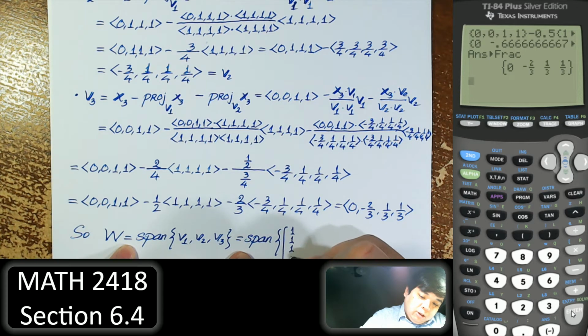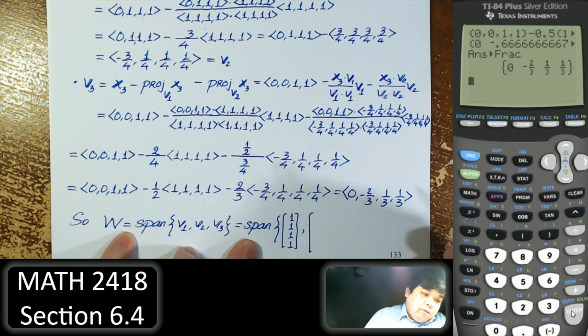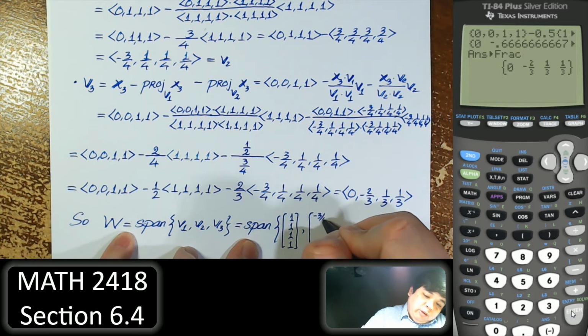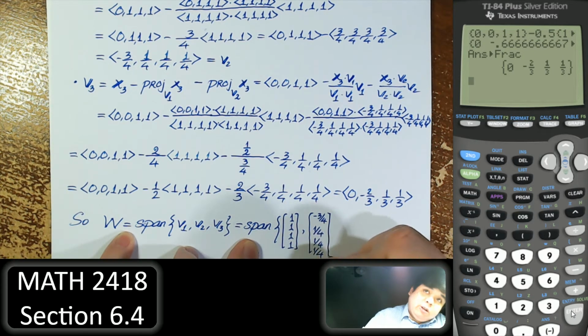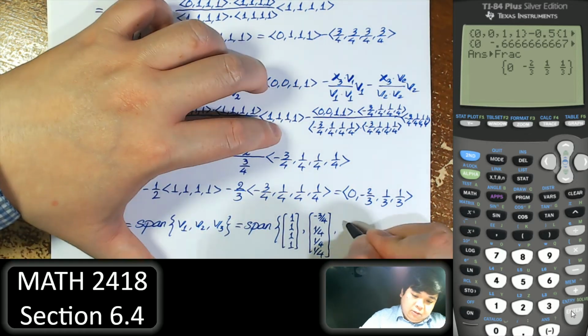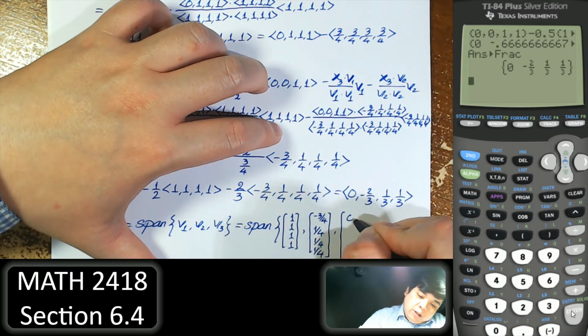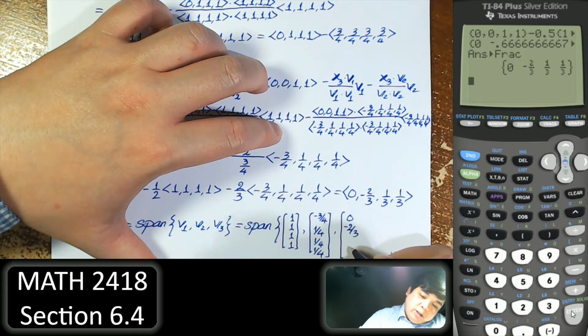1, 1, 1. V2, negative 3/4, 1/4, 1/4, 1/4. 0, negative 2/3, 1/3, and 1/3.